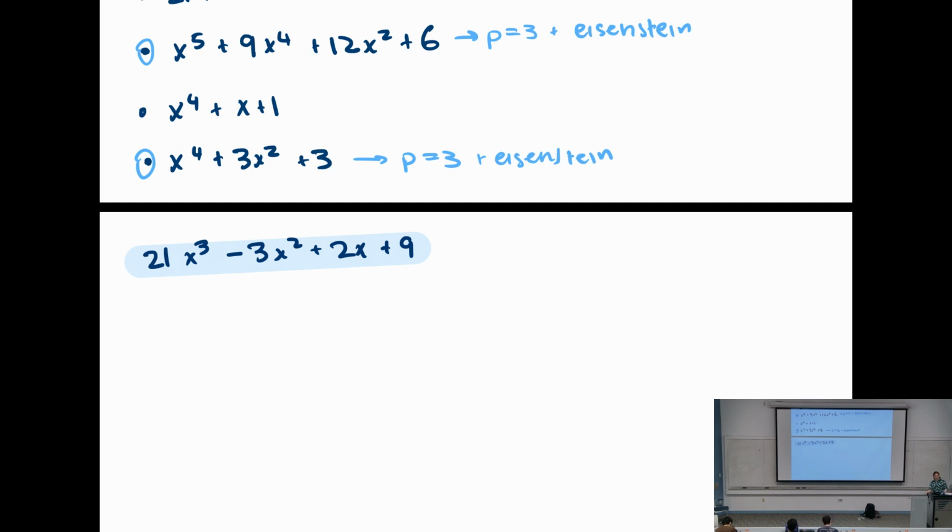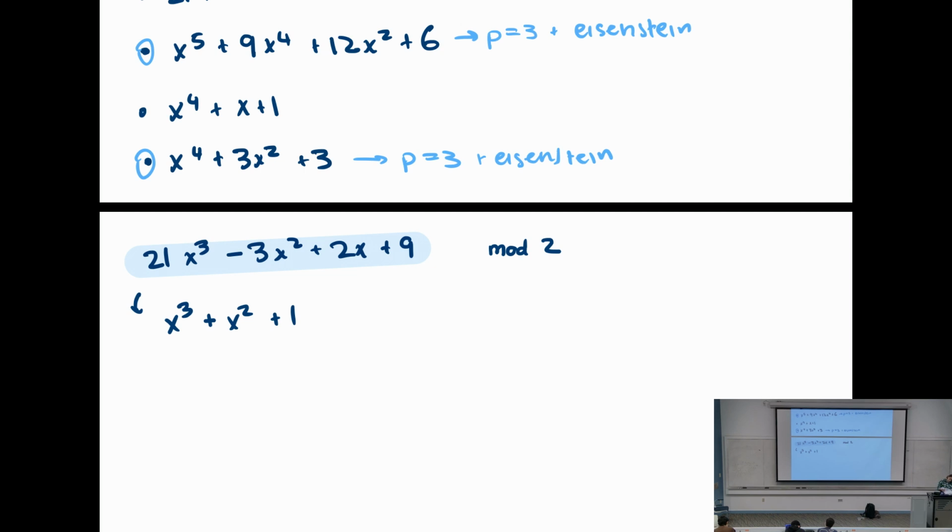So I'm going to try to use the mod p test, and I'm going to start with p equals 2 because that's the smallest field, so it's going to be easier to check roots by hand. So let's go mod 2. That gets us x cubed plus x squared plus 1 as a polynomial.